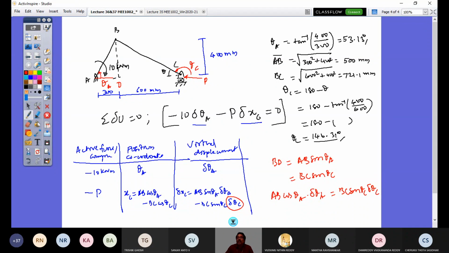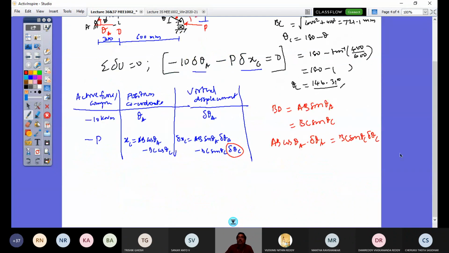So what I want is delta theta A and this relationship. So let me substitute the value of AB as 500 cos theta A delta theta A. This side it is 721.1 sine... well, this is cos again, right? This is also cos.